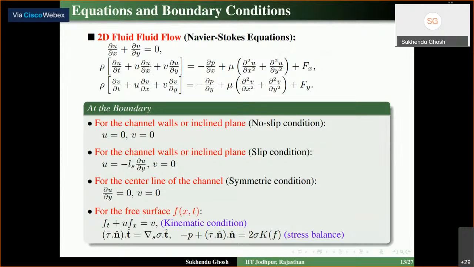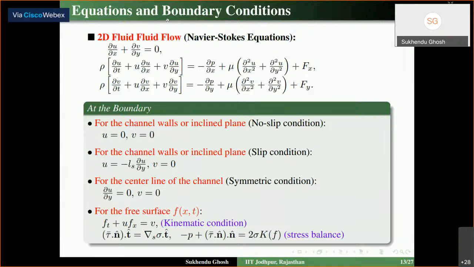Therefore derivatives with respect to time as well as derivatives with respect to space coordinates x and y are present in this equation. So the Navier-Stokes equation is a coupled nonlinear partial differential equation where there are certain unknowns and certain independent variables. The unknowns are dependent variables of time and space.